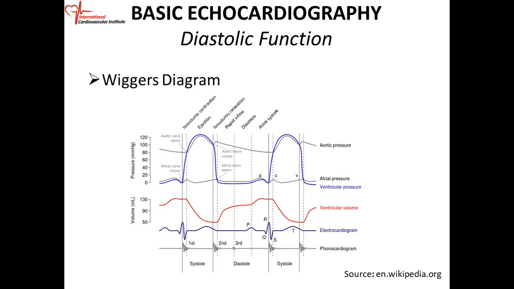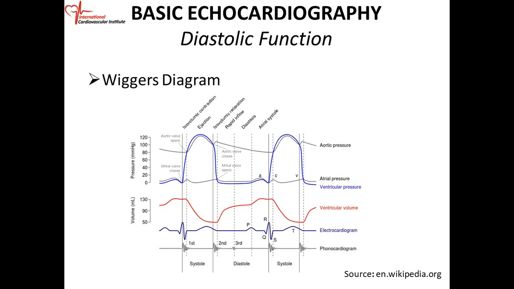On the right side, we look at the right atrial pressure or the jugular venous pressure. On the left side, we look at the left atrial pressure, or the surrogate for that, which is the pulmonary wedge pressure.